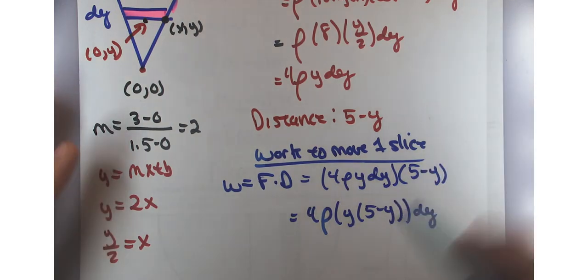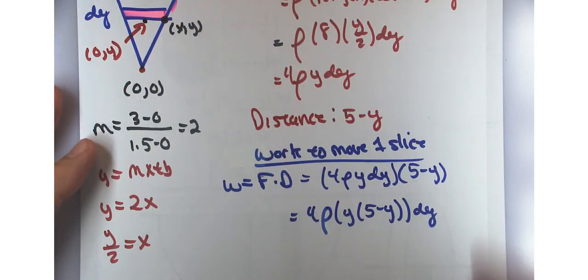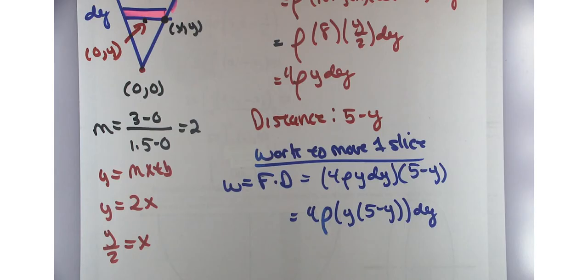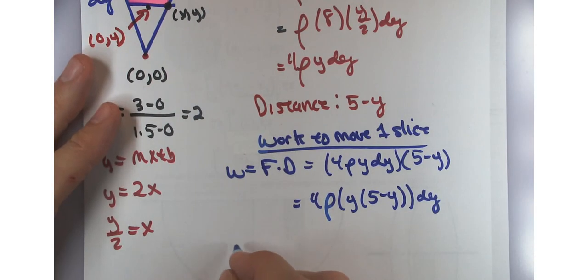To finish that up, I need to add up the work done in moving all these slices. The work done in moving all these slices is going to come from an integral. I'll take the constants out front, 4 times rho.